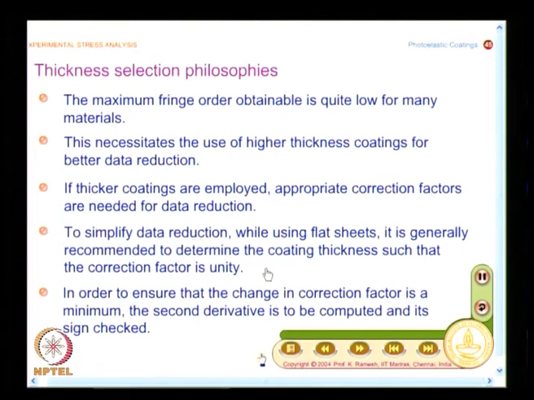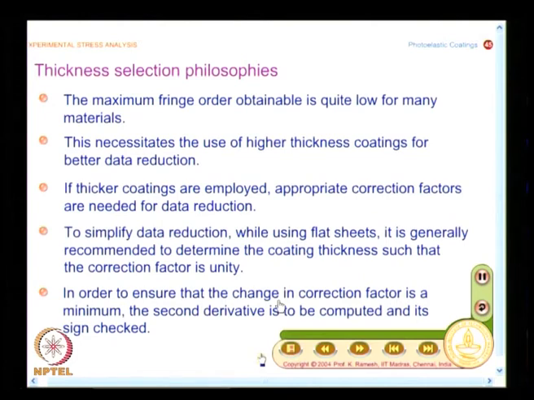The other aspect is, in order to ensure that the change in correction factor is a minimum, the second derivative is to be computed and its sign checked, because what you want is, when there is a thickness change, this becomes important when you go for contourable plastic.